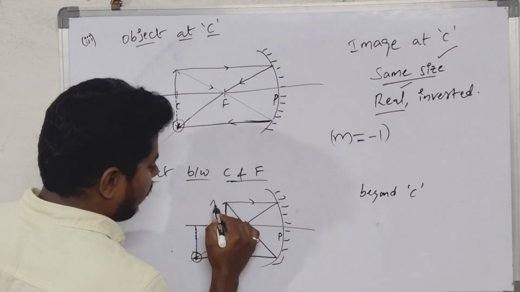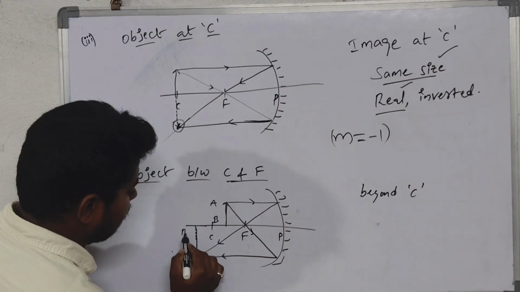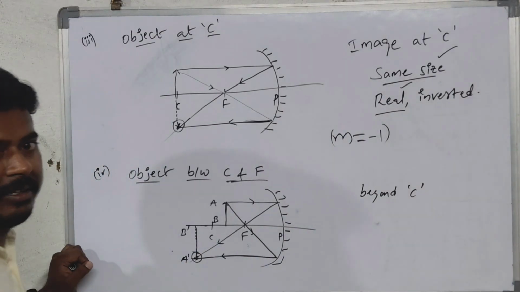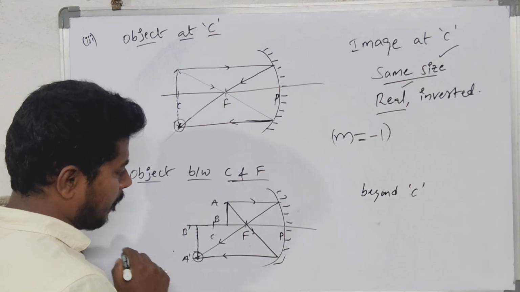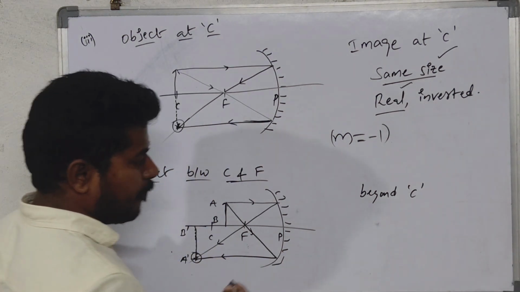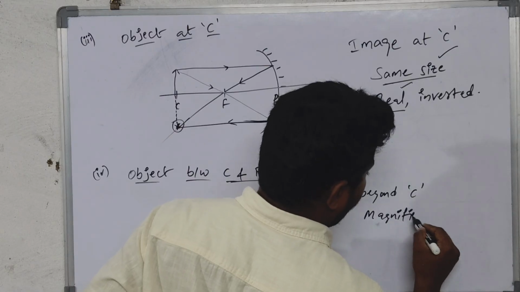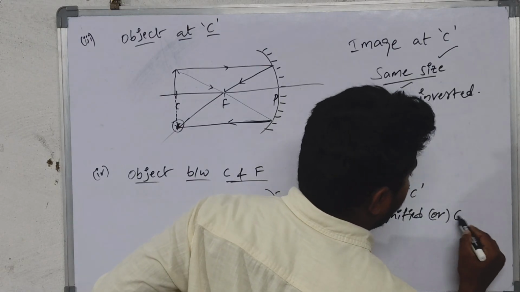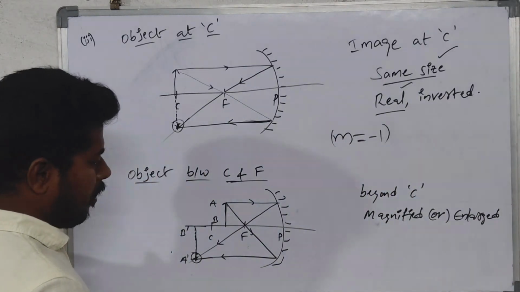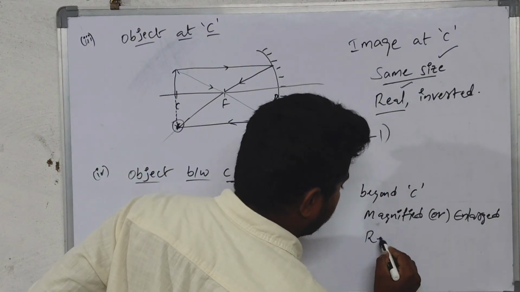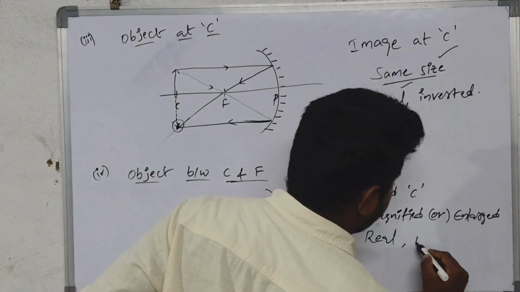Suppose our object is A and B, our image is A dash and B dash, inverted. That is a real image. That's why it is inverted. So the size of the image is magnified, or enlarged. Our image is real, and all real images are inverted.